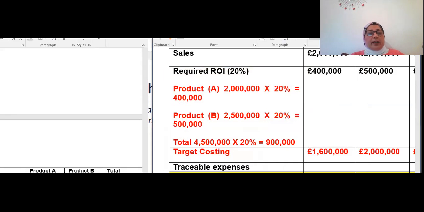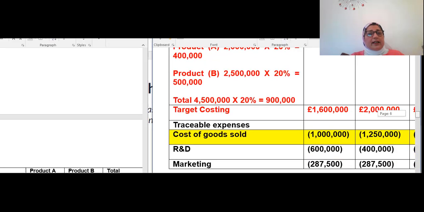Okay, and then once we calculate the target costing, we just take away all the traceable expenses. And I'm reminding you, and this is why I've put this here in yellow. In a question like this, you have to produce two tables. One table to calculate the product life cycle and calculate the return on sales, and the other one to calculate target costing and just to get the difference between both of them, to calculate profit as well.